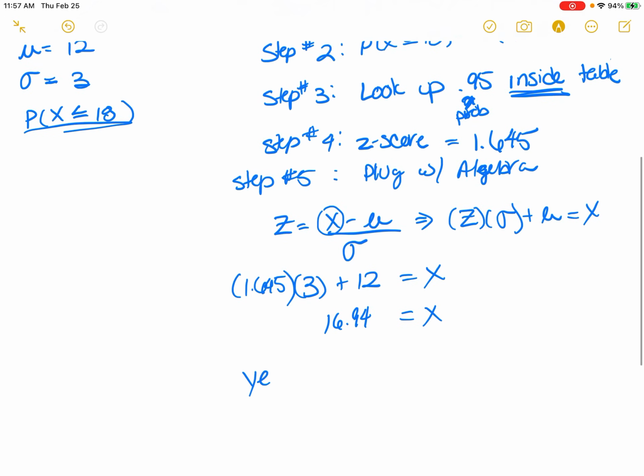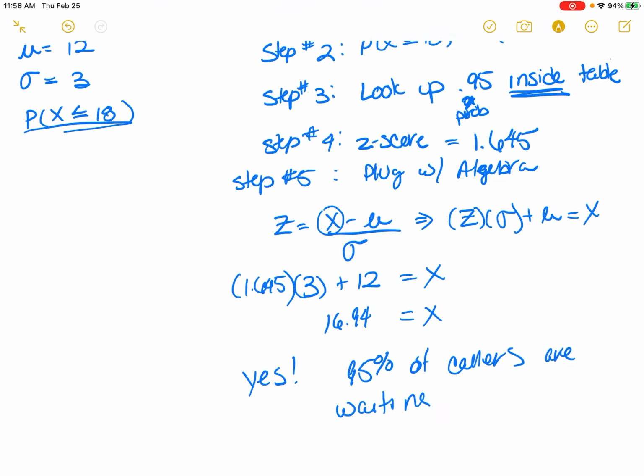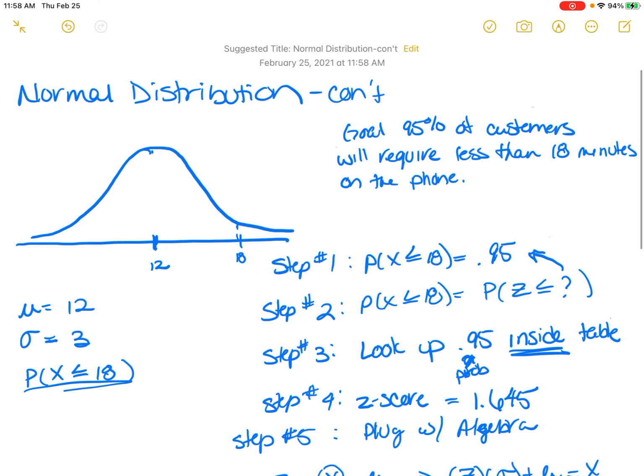So I know that, yes, it's a big fat yes, that 95% of the callers are waiting less than 18 minutes. As a matter of fact, 95% of the callers are waiting less than 16.94 minutes. So they're waiting less than 17 minutes.